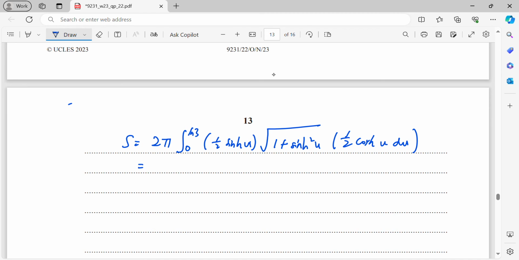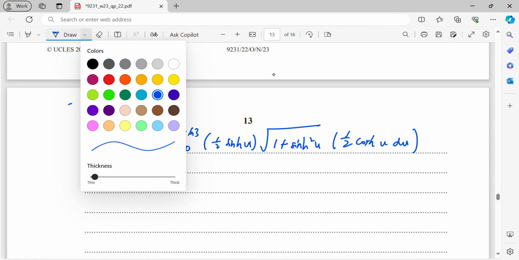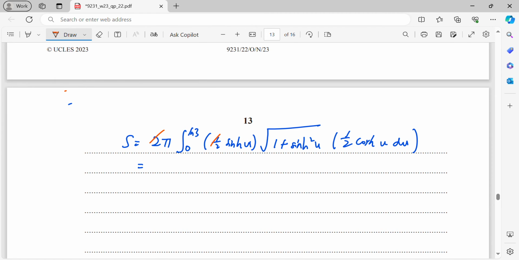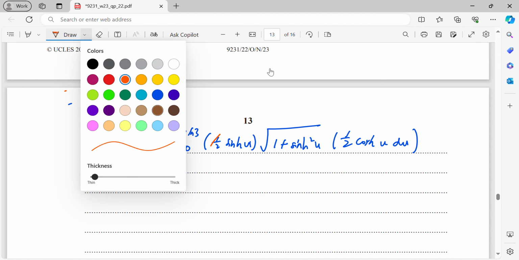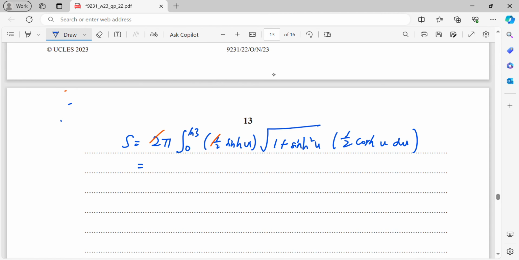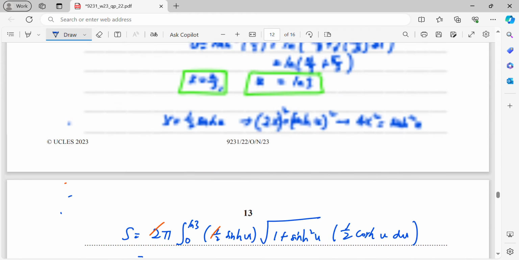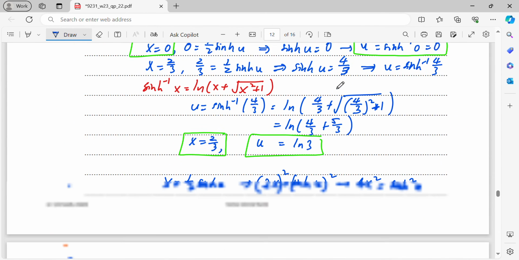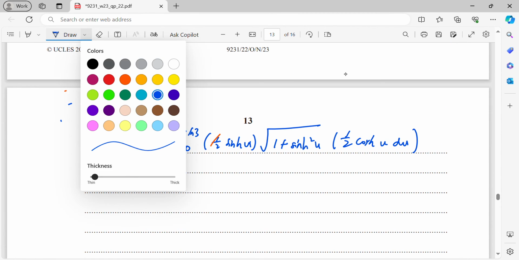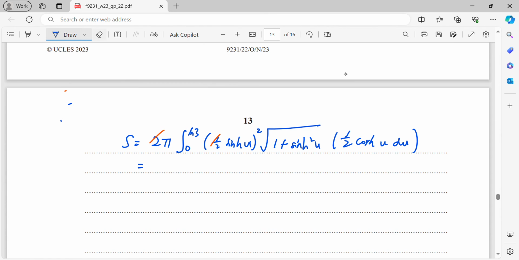Then this can be simplified, 2 and half cancel. Right, wait. Oh, x squared. Okay, I forgot to square. This is actually squared, so you cannot cancel. Now when I bring in the square, this half becomes 1 over 4.